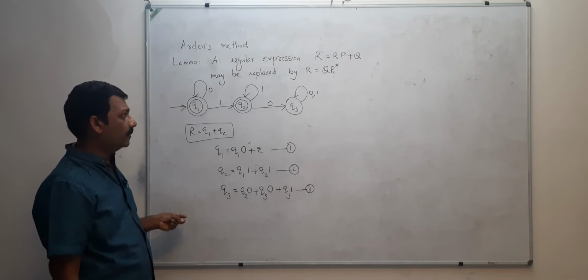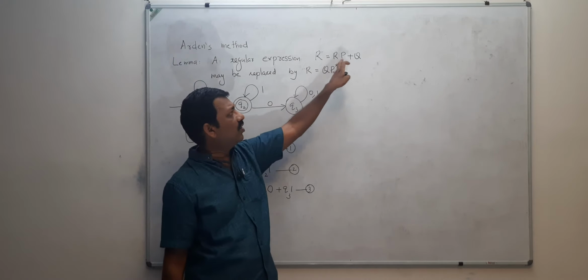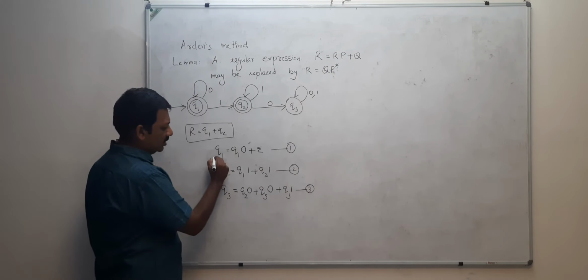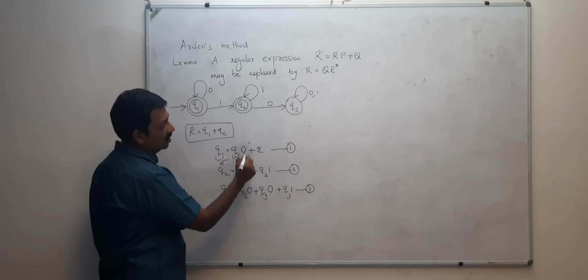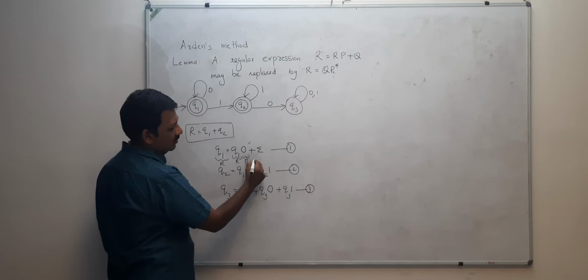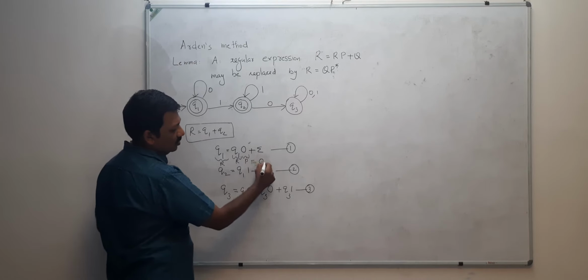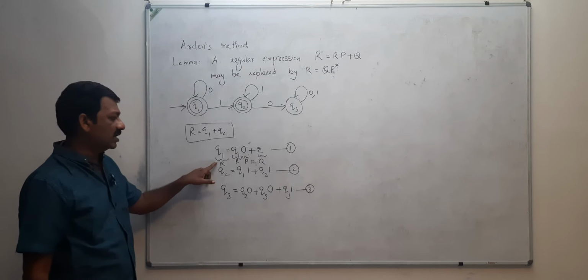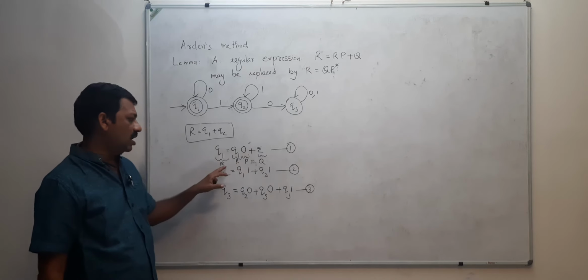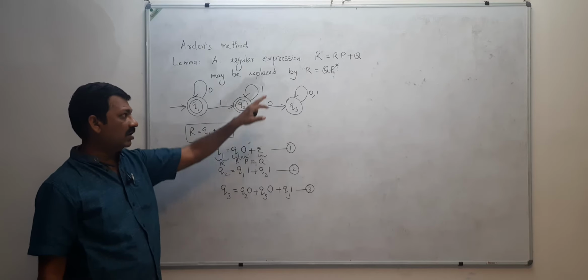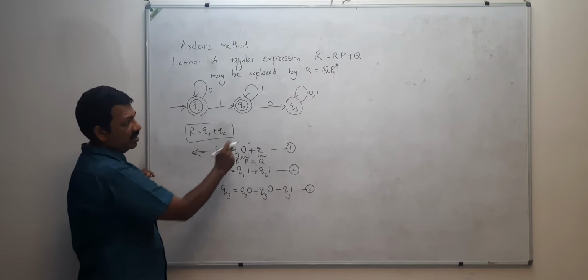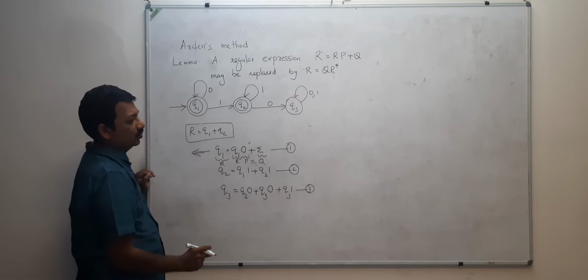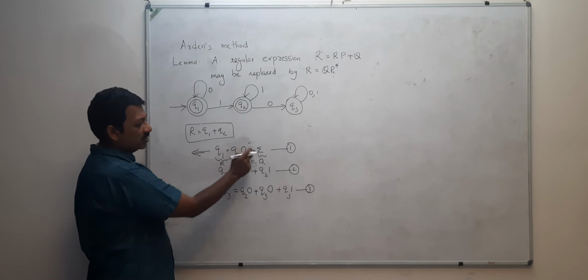Now, as per Arden's lemma, R is equal to RP plus Q. Treat this as R, and this Q1 is also R, and this is P. Epsilon is Q. That means R is equal to RP plus epsilon, so Q1 is equal to Q1 0 plus epsilon.